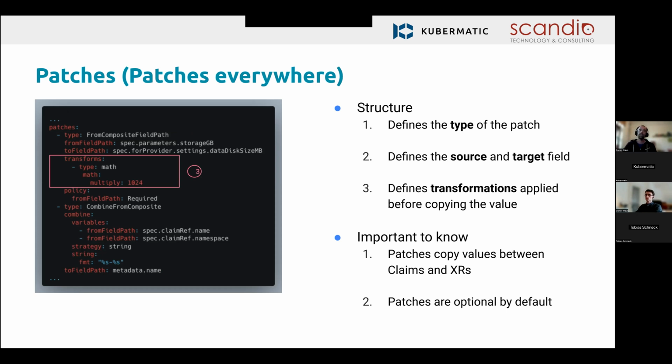And I would like to highlight two important facts about patches here. First, patches can only copy values between, that's wrong actually in the presentation, between composite resource and managed resource.